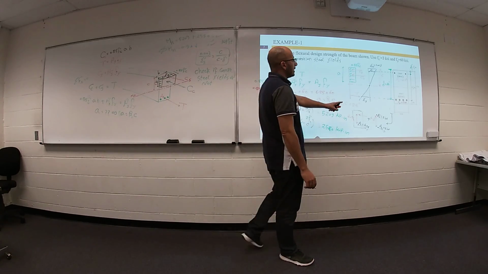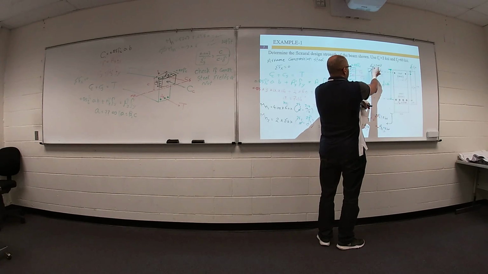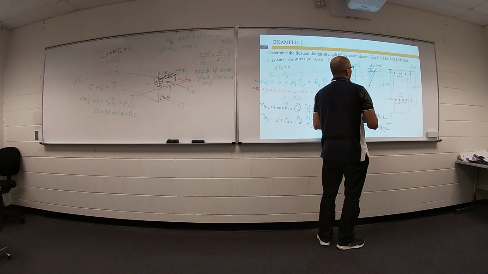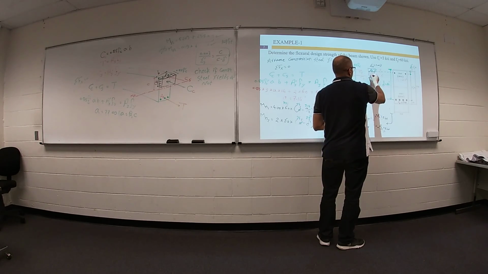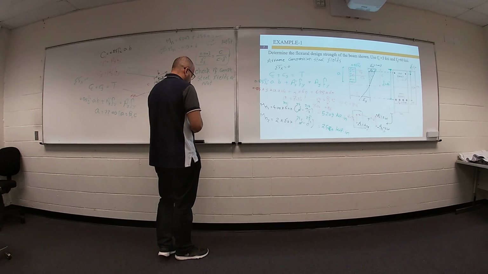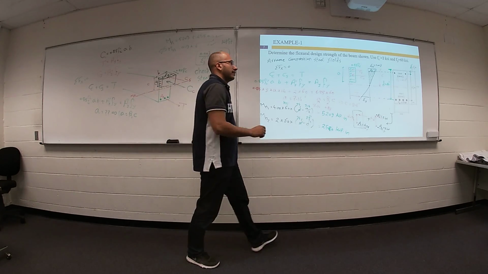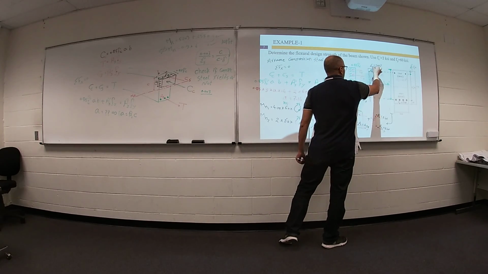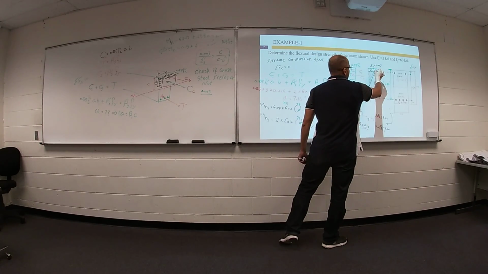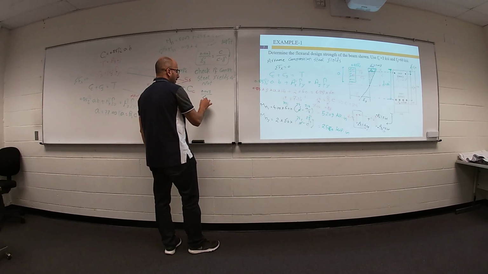Go back to your strain distribution between this big triangle and this little one. So 0.003, this value divided by this value in the second triangle, epsilon steel prime equal.